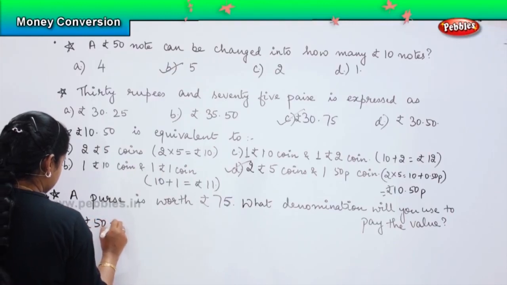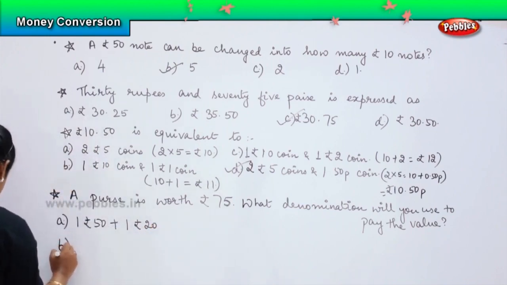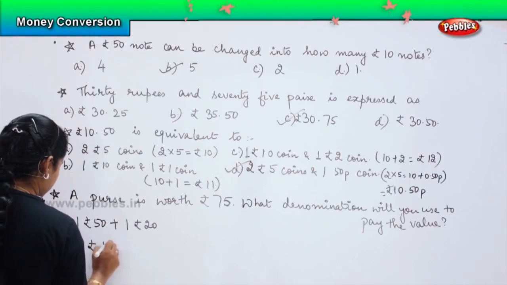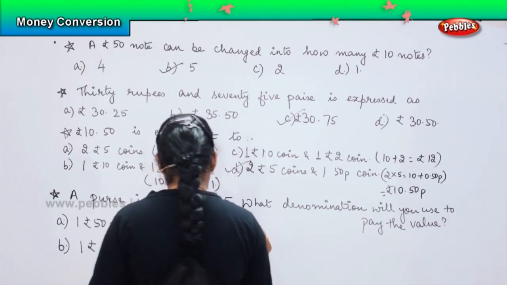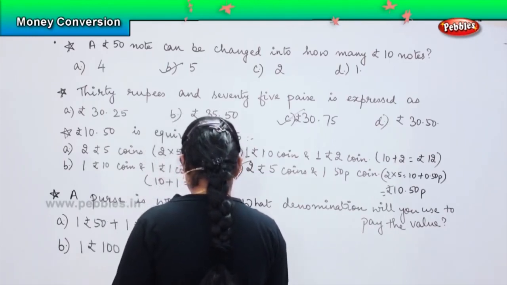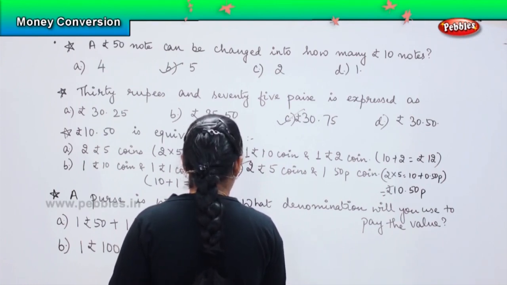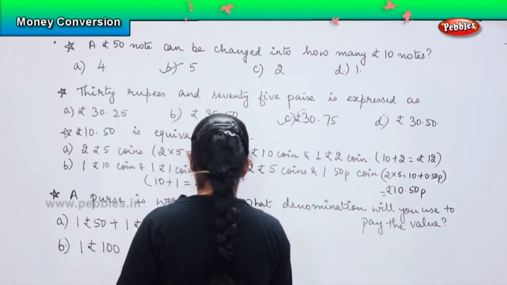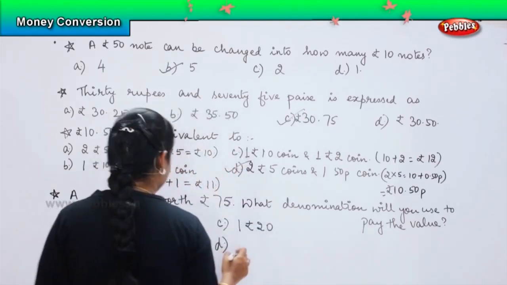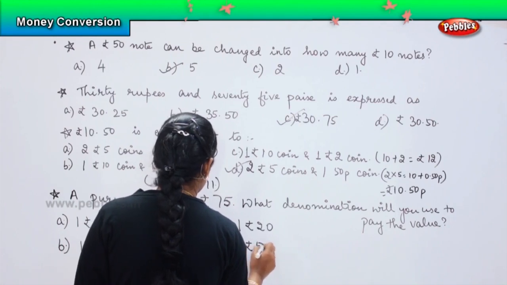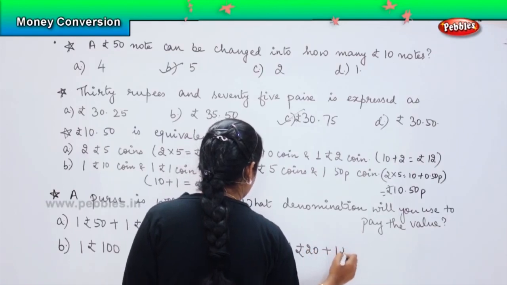Option A is 50 rupee plus 20 rupee. Option B is 100 rupee note. Option C is 20 rupee note, and option D is 50 rupee plus 20 rupee plus 5 rupee note.